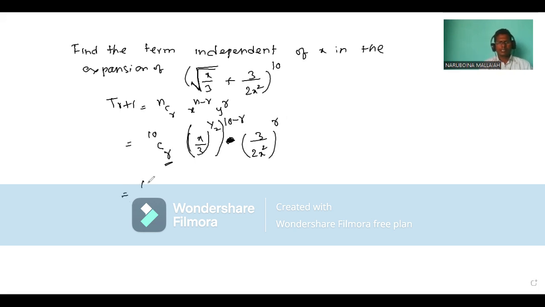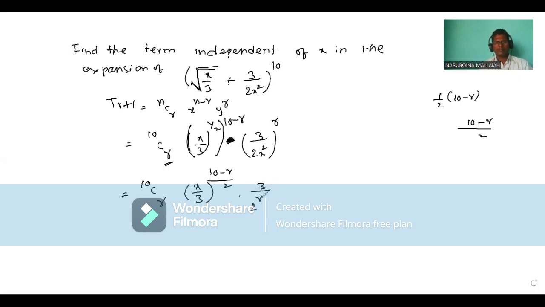Next, write 10Cr. Now x by 3, multiply here 1 by 2 into 10 minus r, you have to multiply these two. So I am writing here (10 minus r) by 2, here (3 by 2x square) to the power of r.